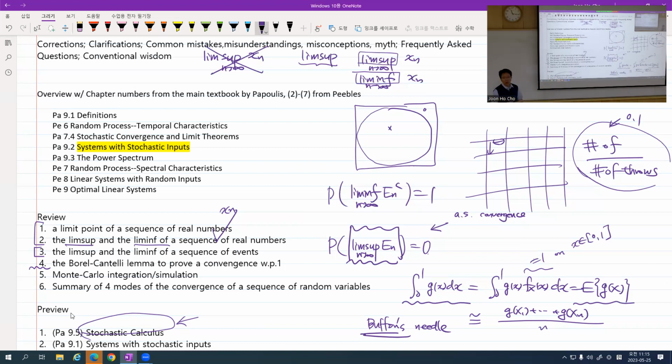there are many ways to convert a non-probabilistic problem to a probabilistic problem, and then use, for example, the law of large numbers or some convergence theorem to prove that. And this is a widely used technique.